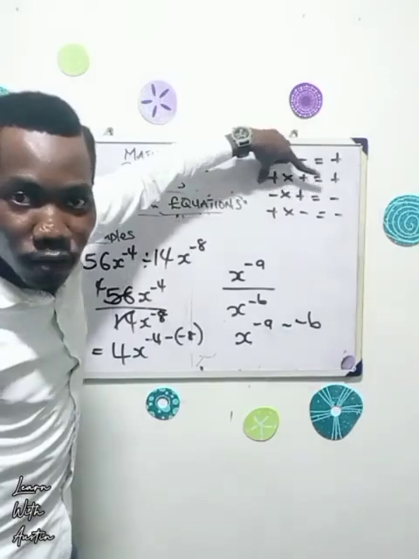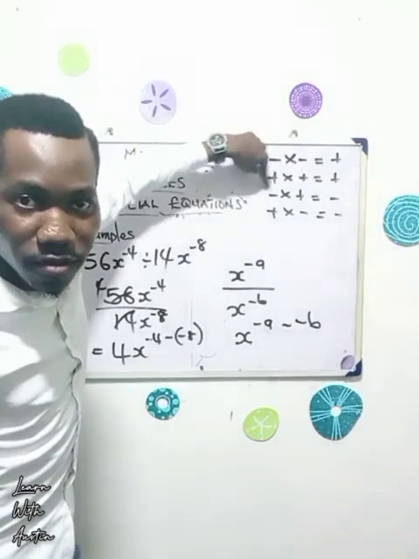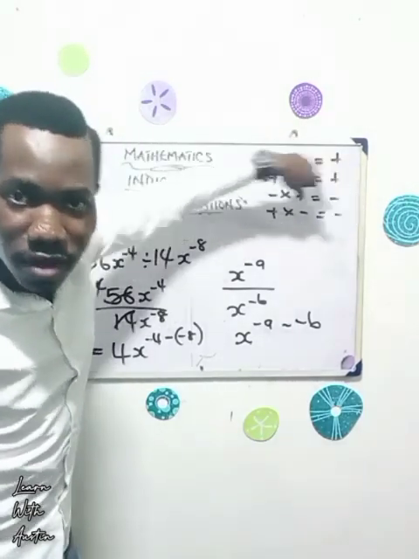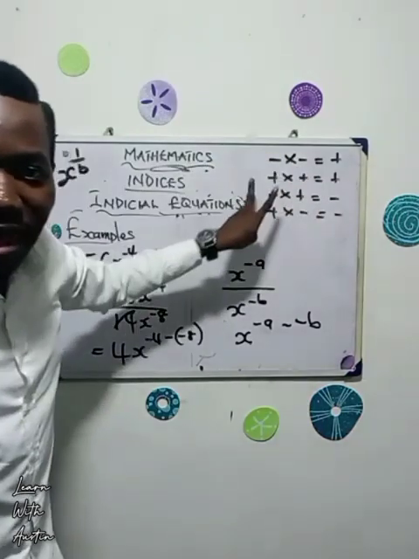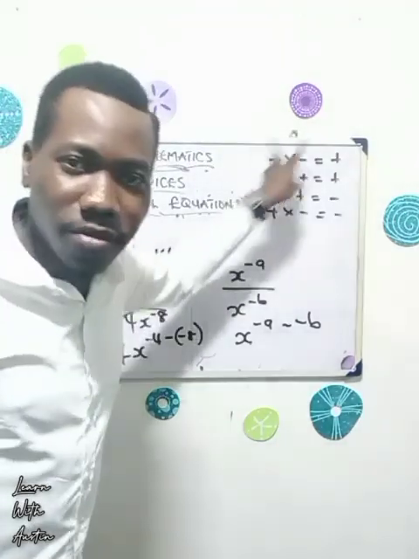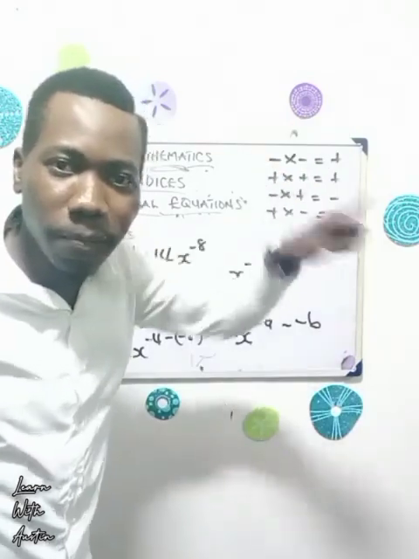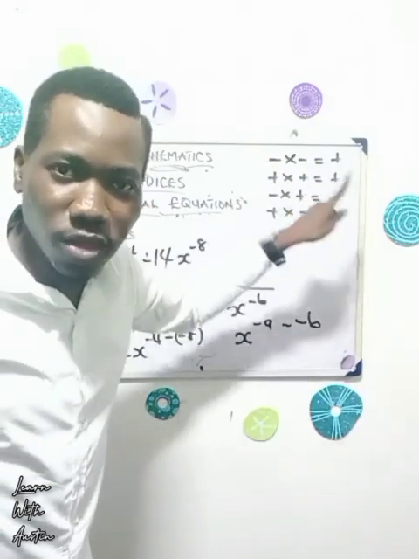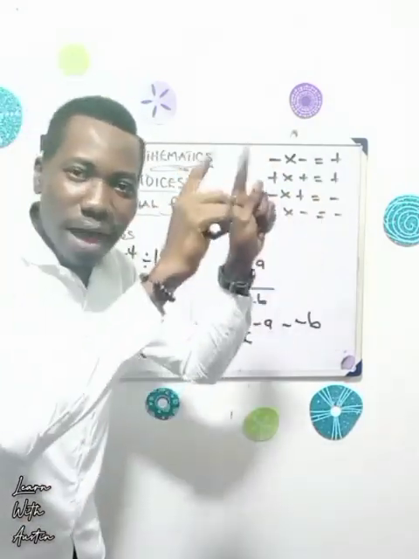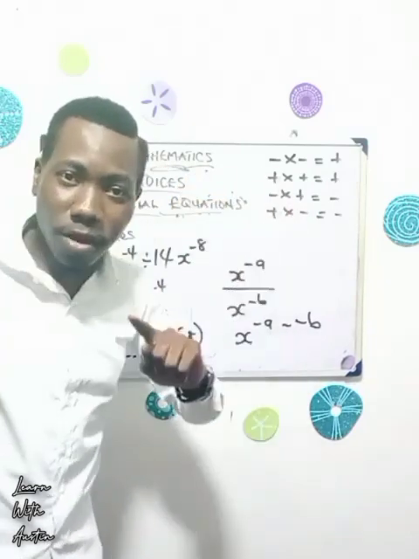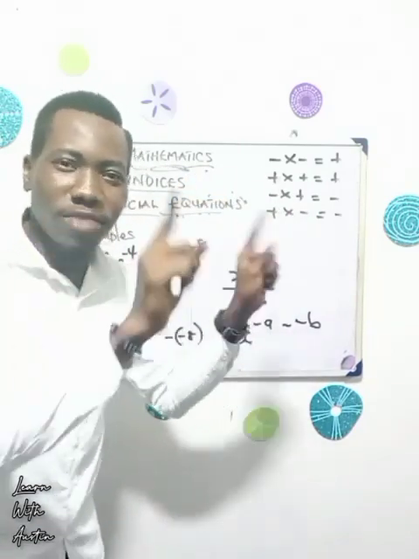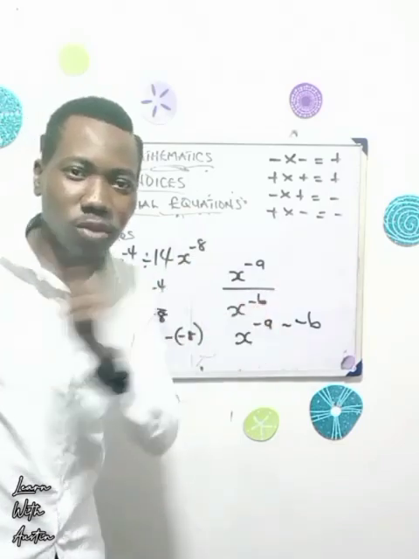If one is positive and one is negative, it gives you negative. So if they are the same, like minus 2 times minus 2 will give you plus 4, and plus 2 times plus 2 will give you plus 4. If the two have the same sign, you get plus. But if they are different, one negative and one positive, you get minus.